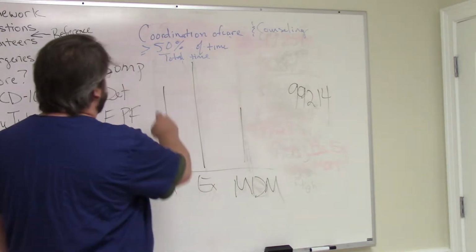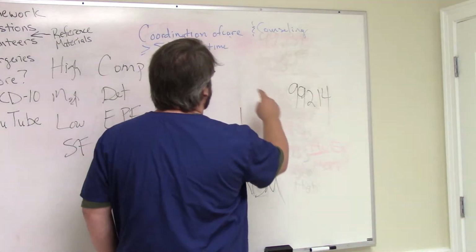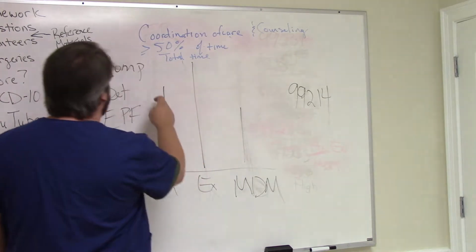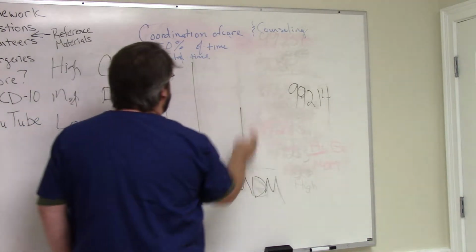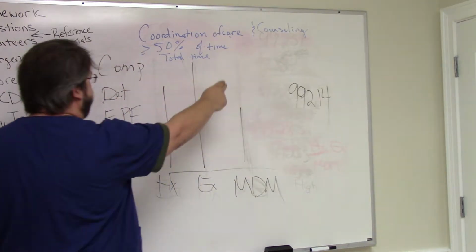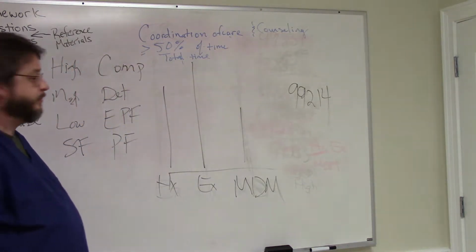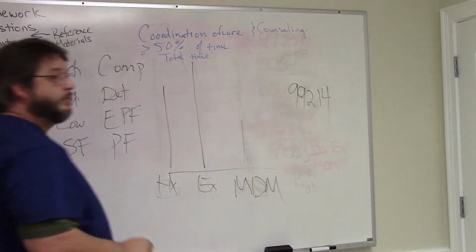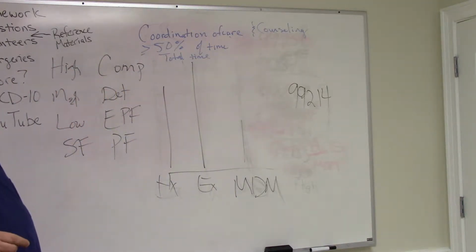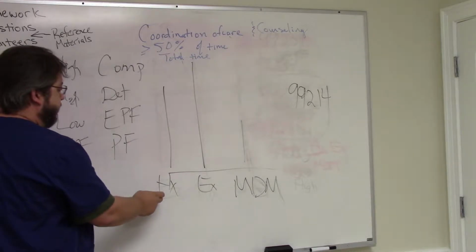So it doesn't fill the 5, because this would have to go to comprehensive or MDM would have to come up to high. One or the other would have to be up there, because you need 2 out of 3: history and exam, so detailed and comprehensive.